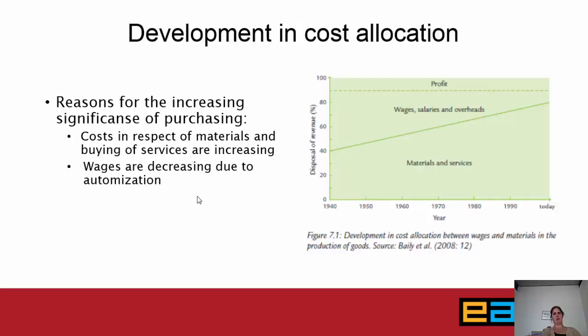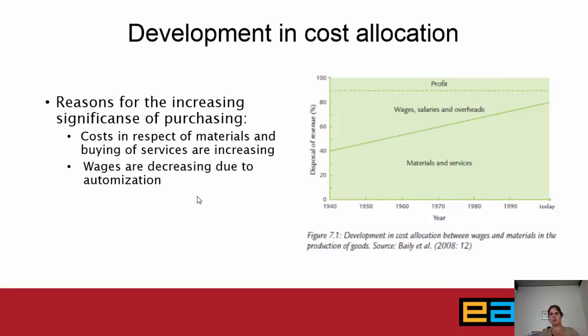If we look at the costs connected with purchasing, we see that specifically costs on materials and buying services have increased, whereas wages have decreased.